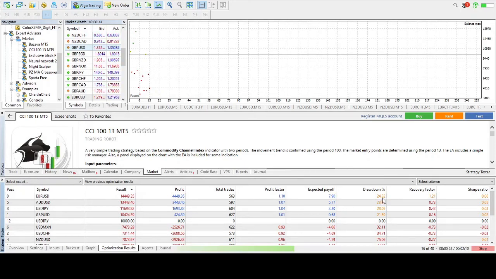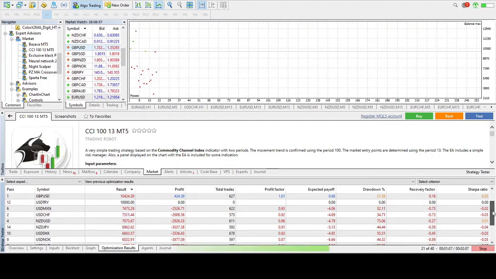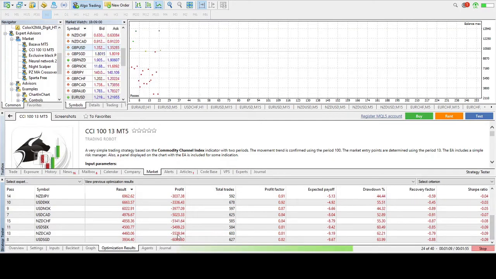Drawdown of 24%, profit of 44% return on that $10,000, very nice. But again, you see there are only 4 currencies that are profitable. Look at how much the unprofitable ones are losing, a lot of money out of that $10,000. That gives me some pause about using this. This might be good combined with something else, but by itself, I'm not really feeling it.